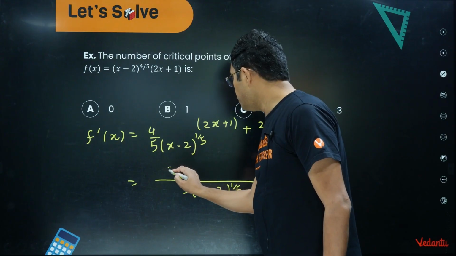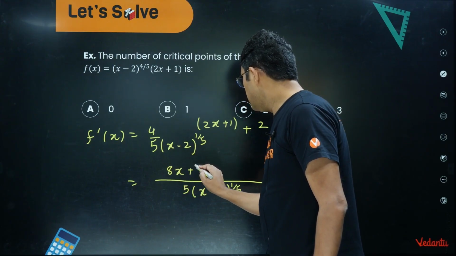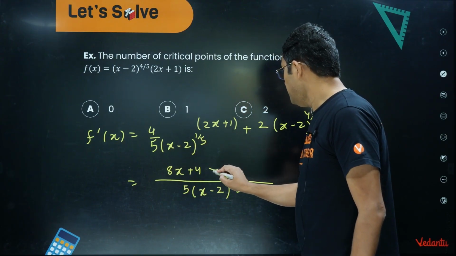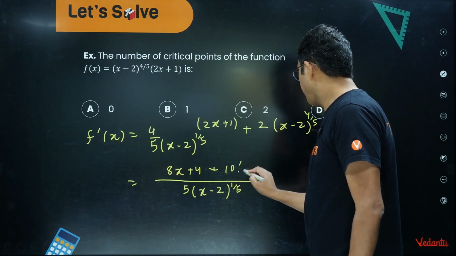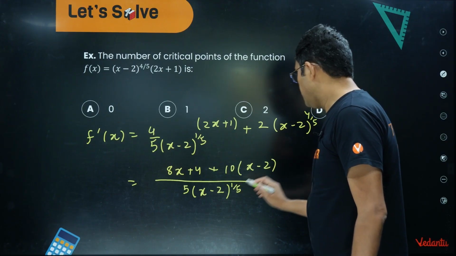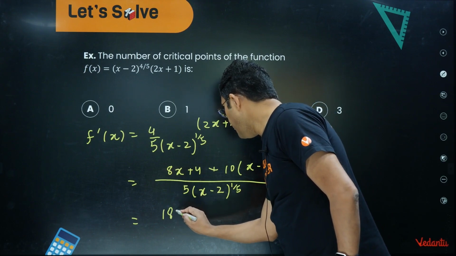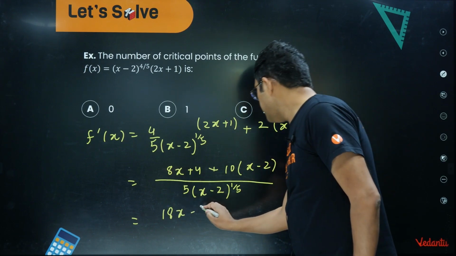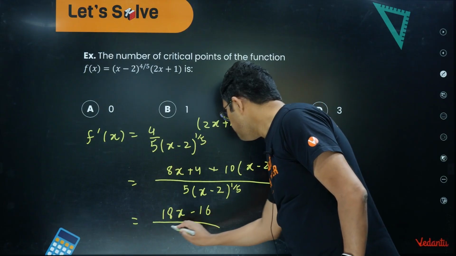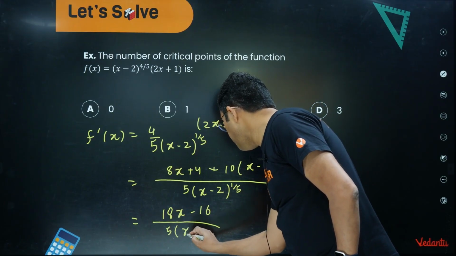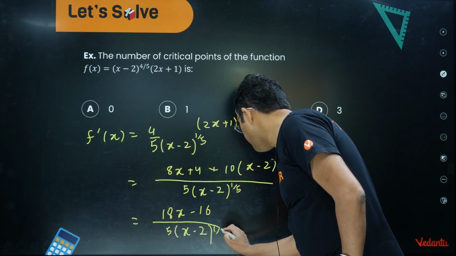This will be 4 into 2, 8x plus 4, plus 5 into 10 into (x minus 2). So this becomes 10 plus 8, so 18x minus, I think, 16 upon 5 (x minus 2) power 1.